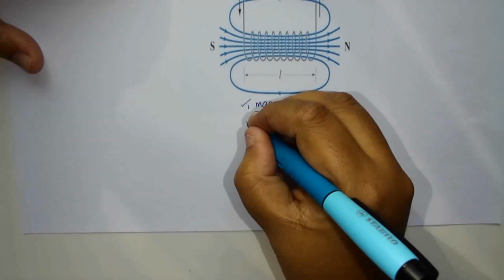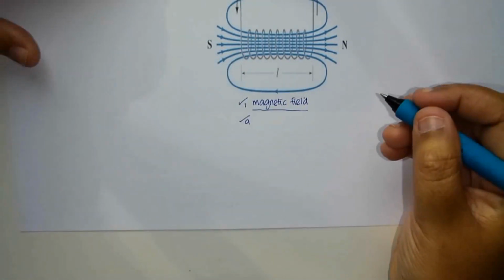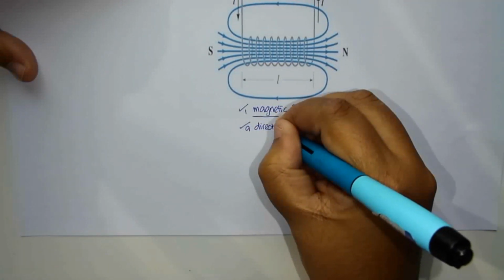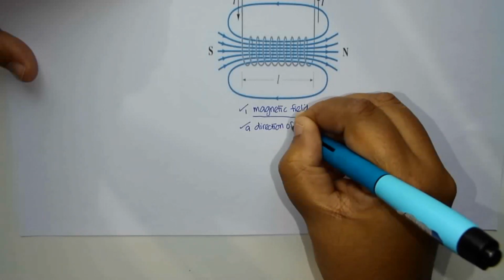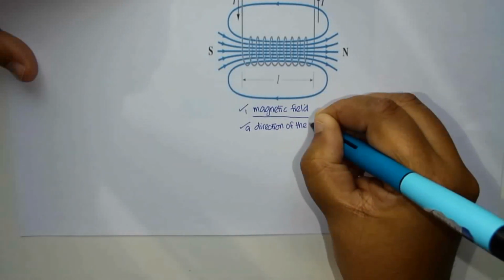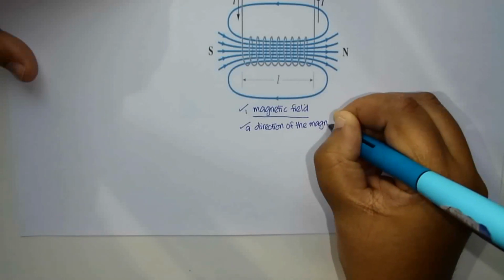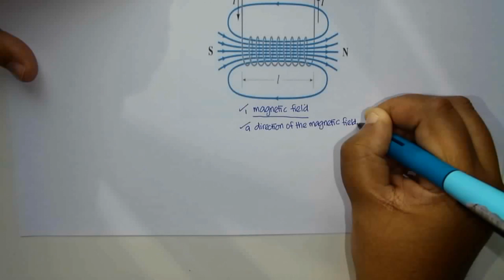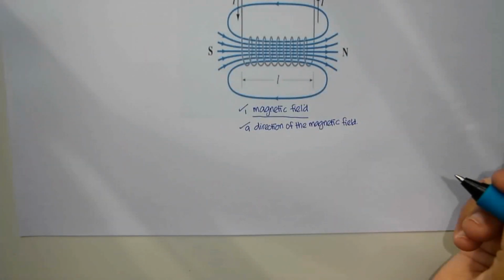So to start, we are going to talk about the direction of the magnetic field.